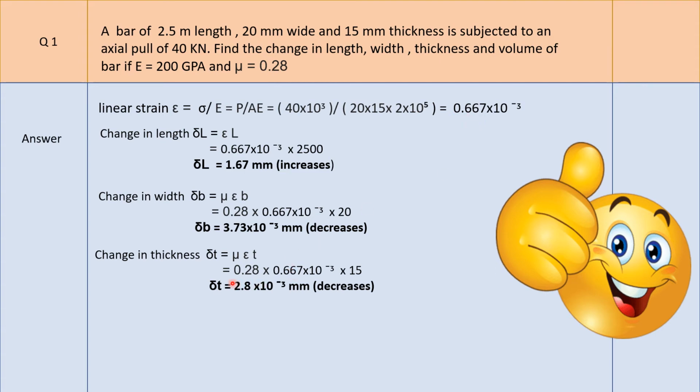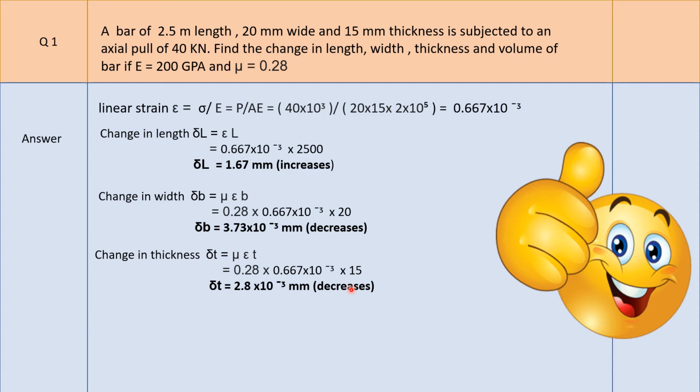Take the calculators in your hand, do the calculations. 0.28 into 0.667 exponential minus 3 into 15 is equal to, you will get answer 2.8 into 10 raised to minus 3. Again the thickness will also decrease, only length will increase and width and thickness both will decrease.